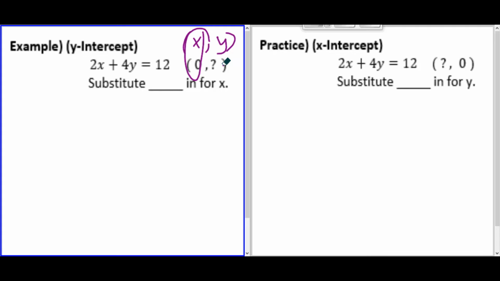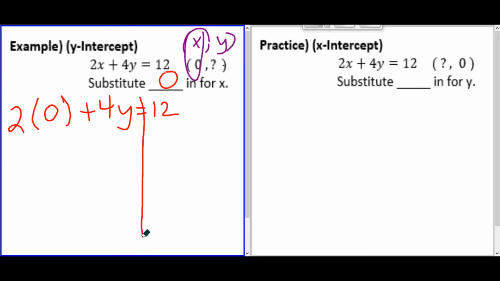They tell you that x is 0, so we're going to substitute 0 in for x. We're going to rewrite our equation. Instead of putting an x, we put parentheses with the 0 inside, plus 4y equals 12. Then draw a line down the middle of the equal sign. Whatever you do on one side of the line, you have to do to the other.